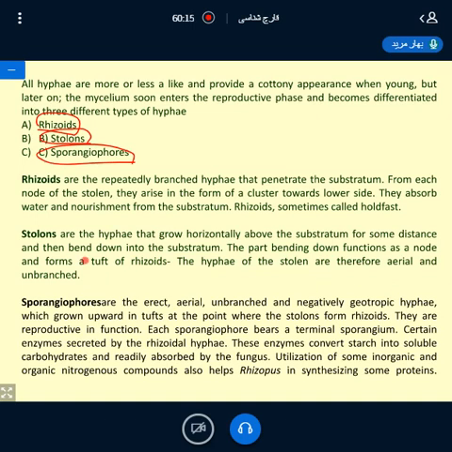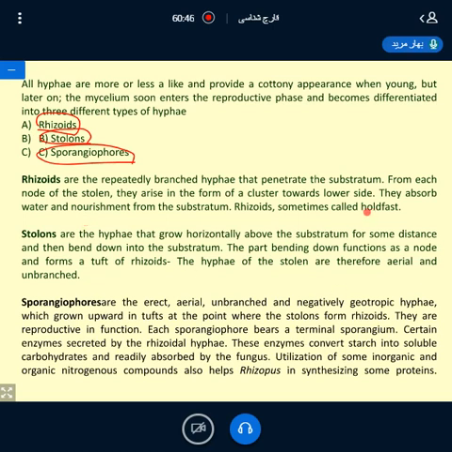Rhizoids are the repeatedly branched hyphae that penetrate the substrate. From each node of the stolon, they arise in the form of a cluster toward the lower side. They absorb nutrients from the substrate.